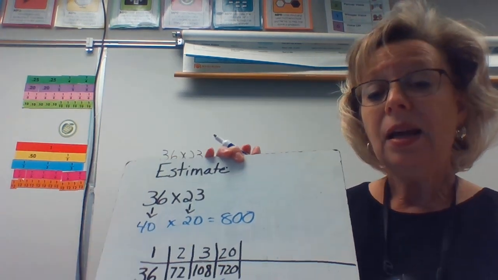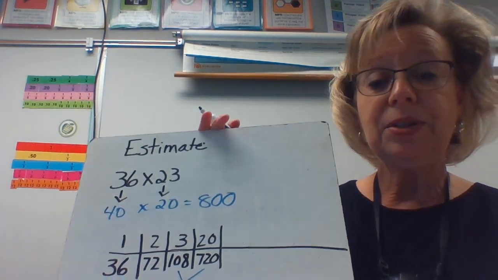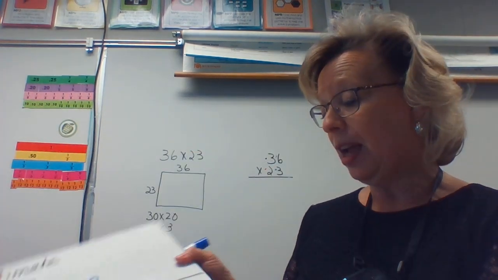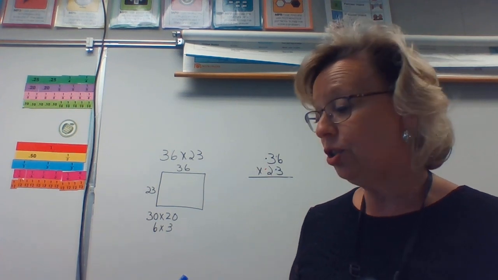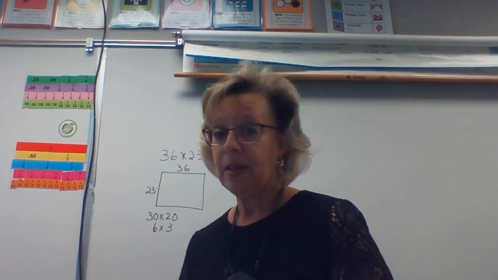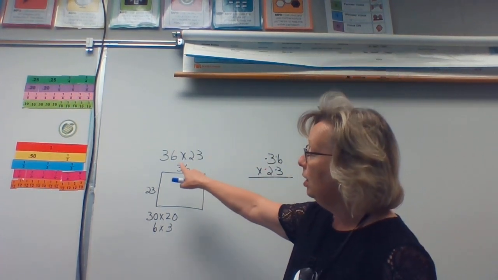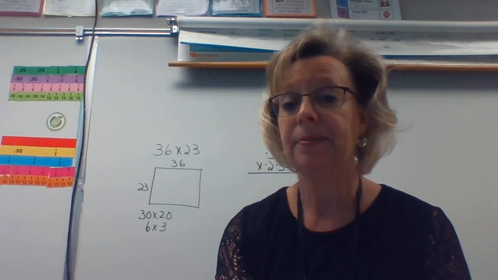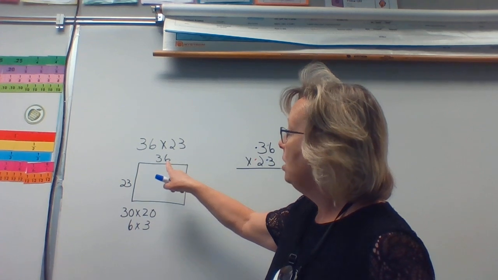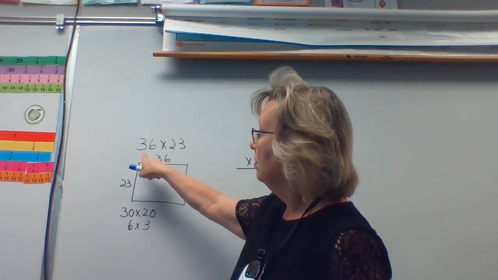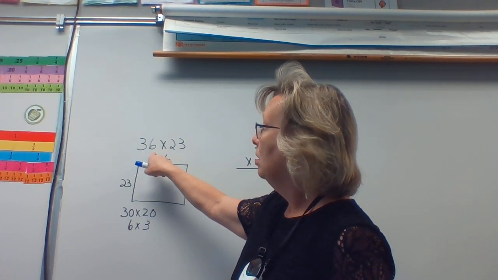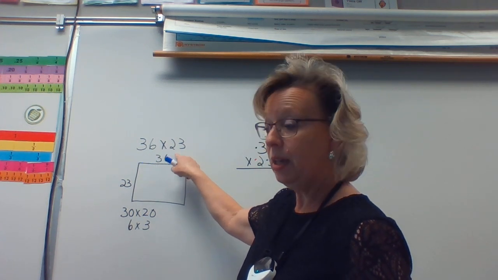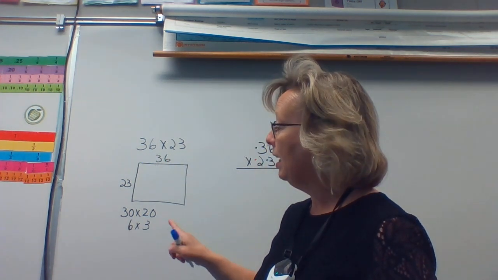A ratio table is a great strategy, but there's also the strategy I'm going to teach you today called a partial product. Looking at 23 times 36, I want to round. 36 rounds to 40 and 23 rounds to 20, so that's about 800.